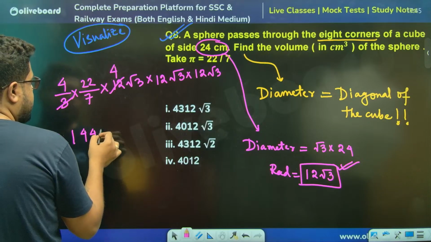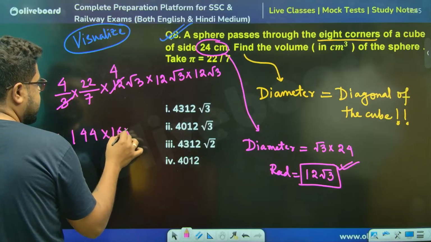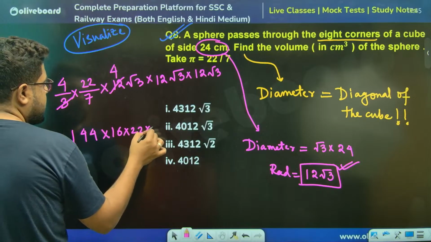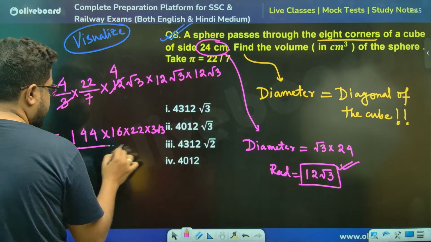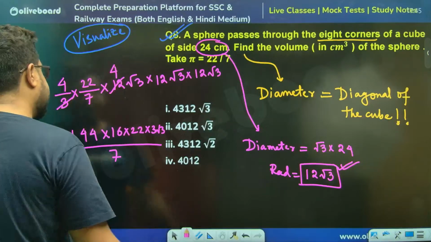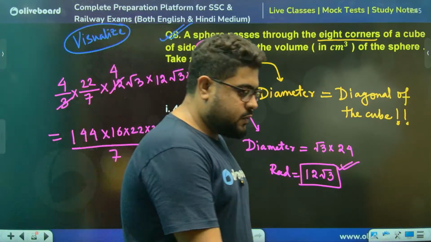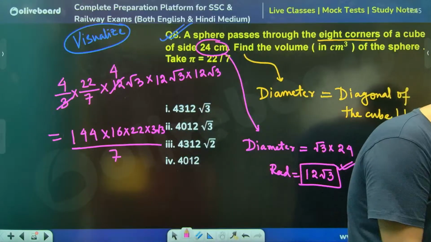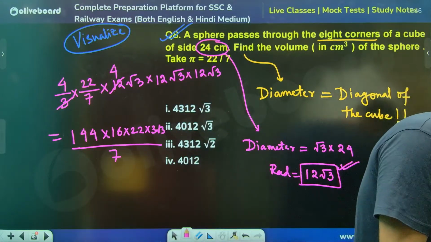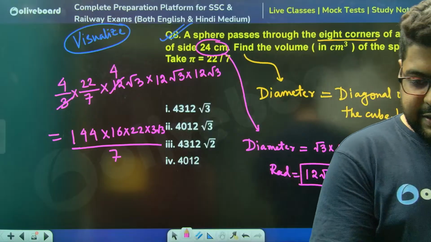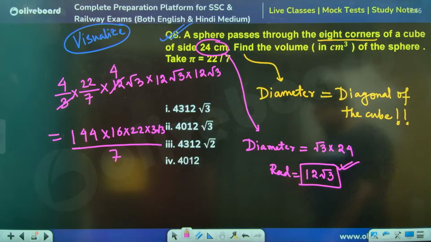144 into 16 into 22 into 3 root 3 by 7. It will come something like this, sir. I don't think we can do anything. So Abhijit, you got approximate value, I guess.